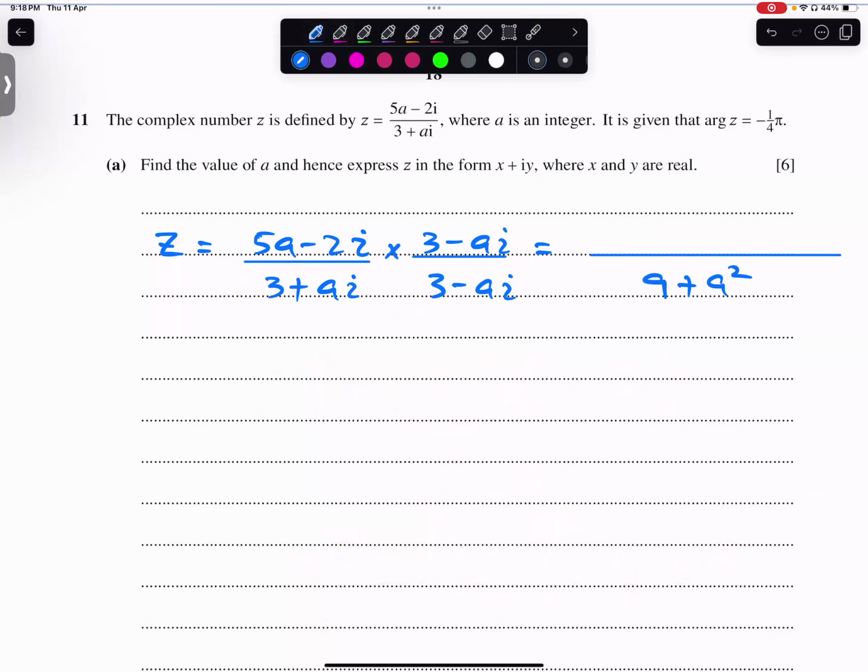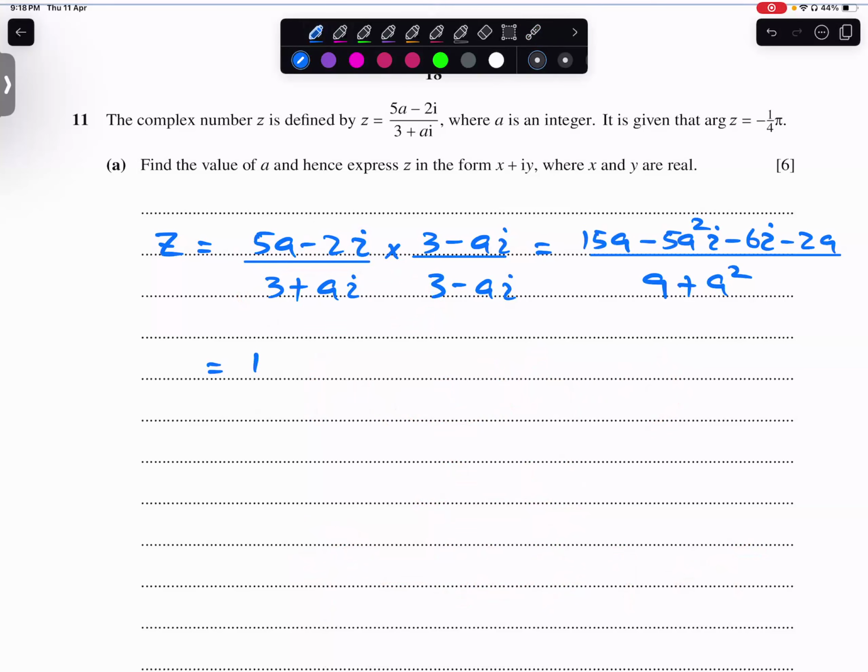Then 5a will be 15a minus 5a square i minus 6i minus minus plus again minus. So minus 2a. So this will be 13.